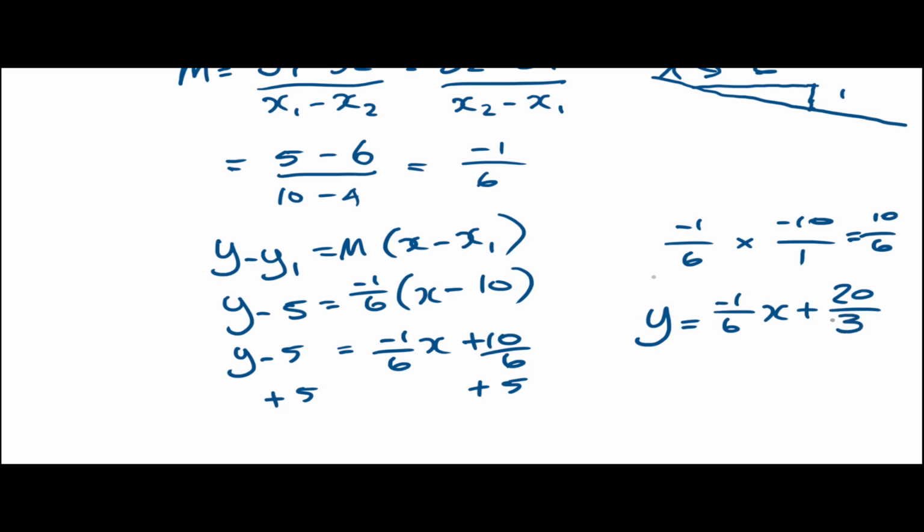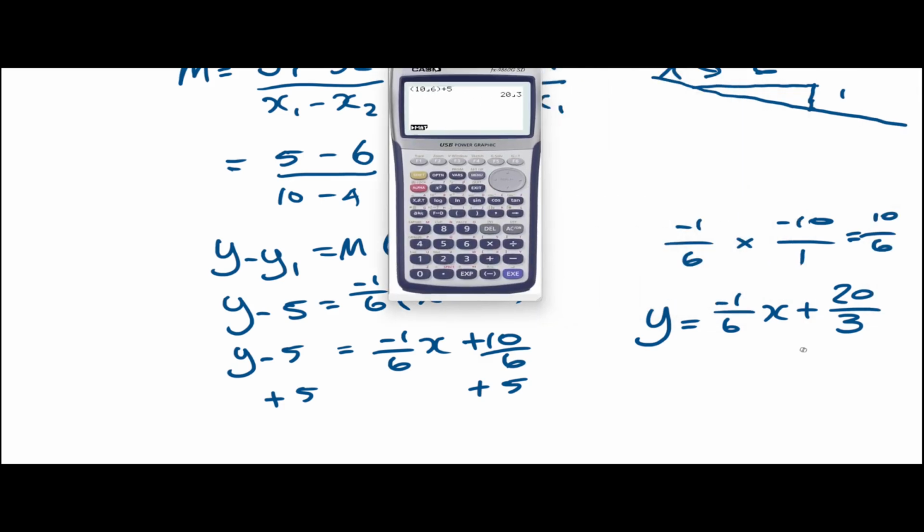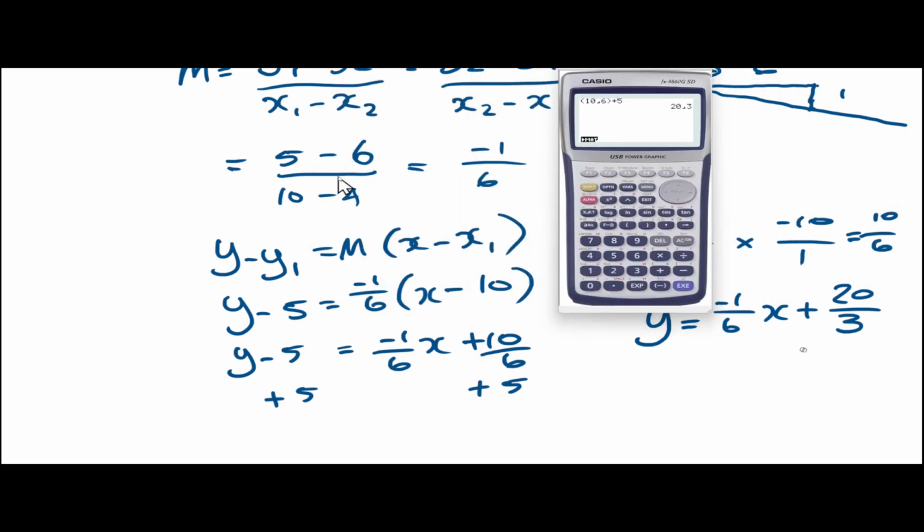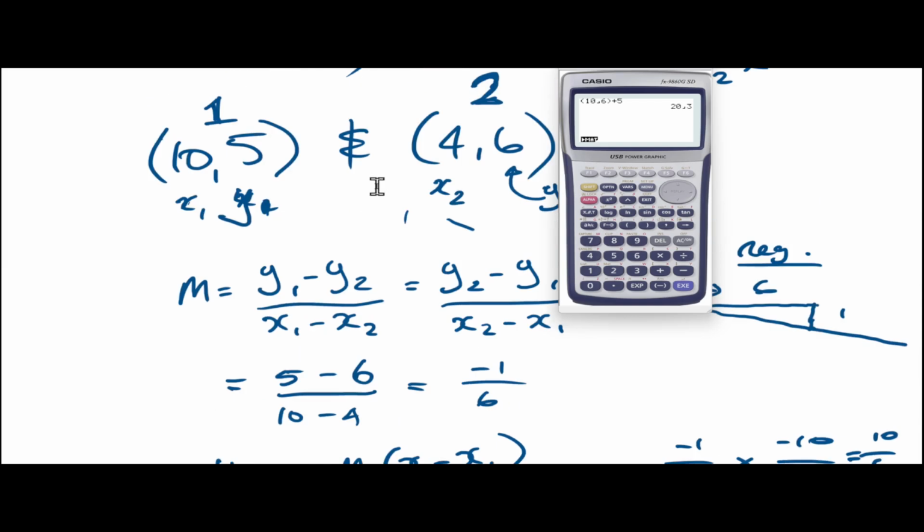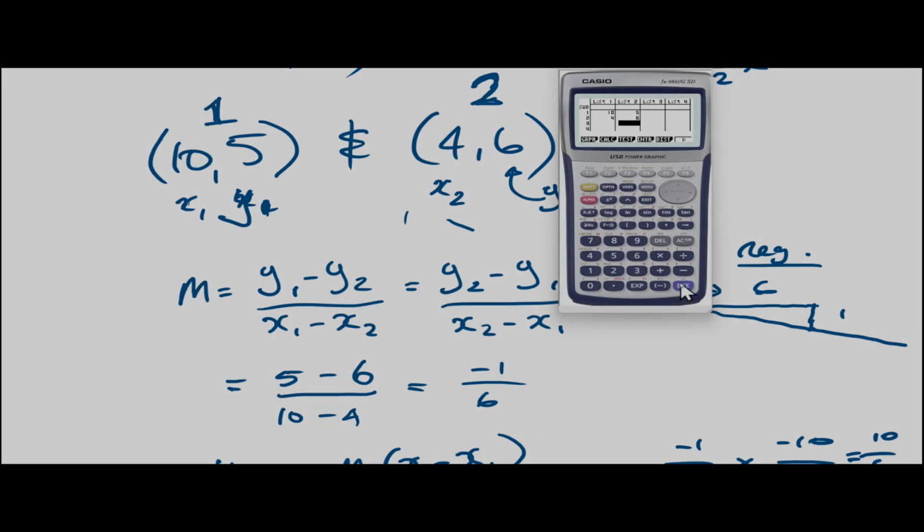And again, let's go into the calculator and work this out from first principles. Go to menu, we go to stats, we need to clear everything off. 10 and then 4, go across, 5 and 6.